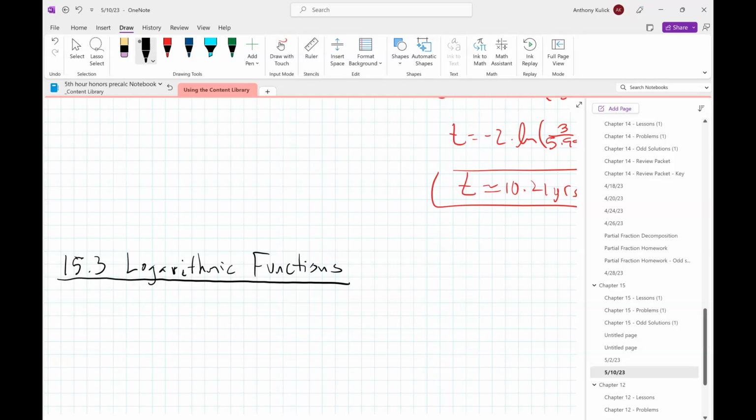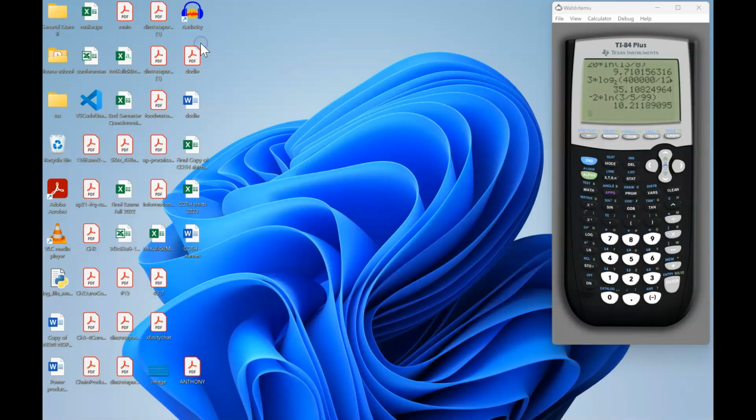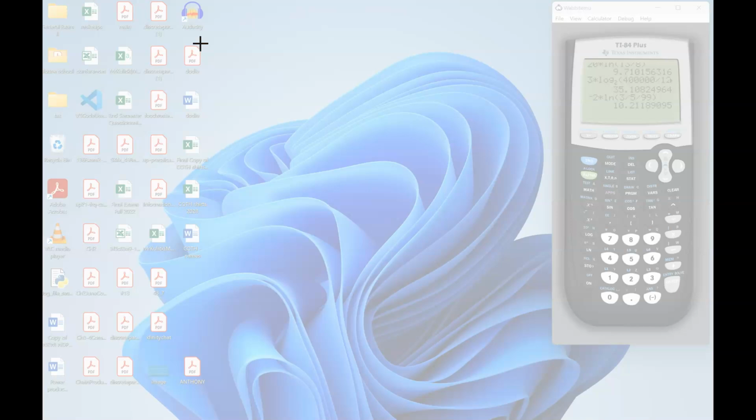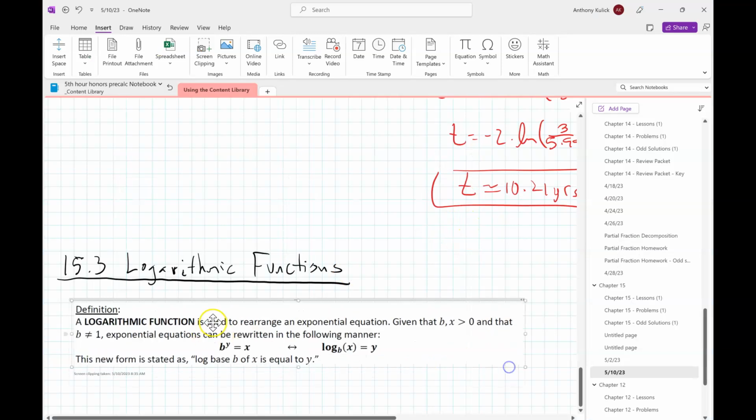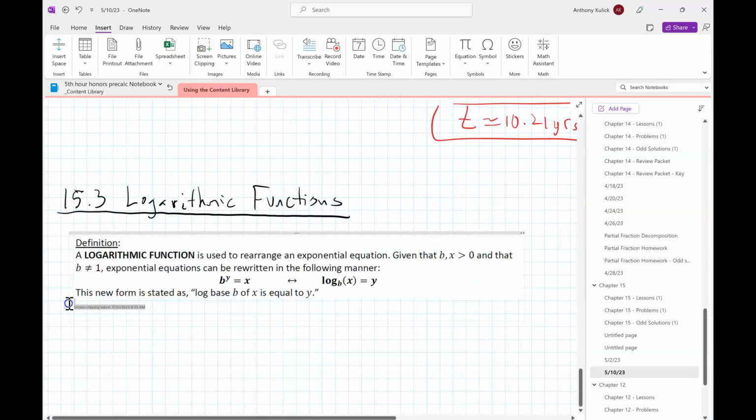But we're going to start talking about logarithmic functions here today. Do you guys remember what the definition for a logarithm is? Okay. Well, it's just that these two equations are equivalent. B to the y equals x is equivalent to log base b of x equals y.